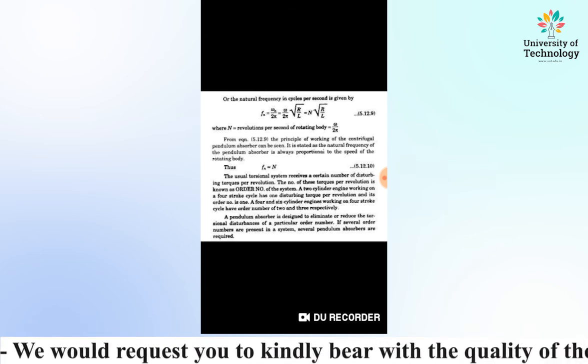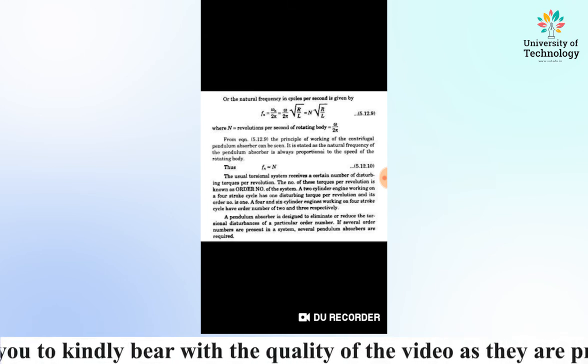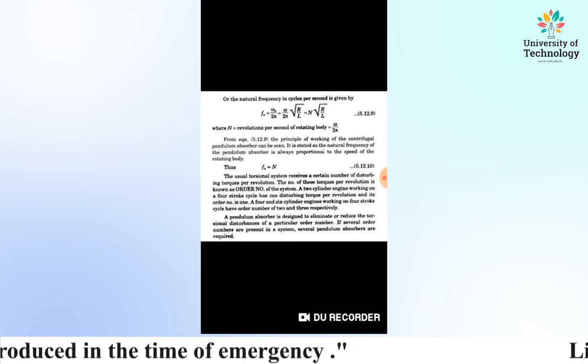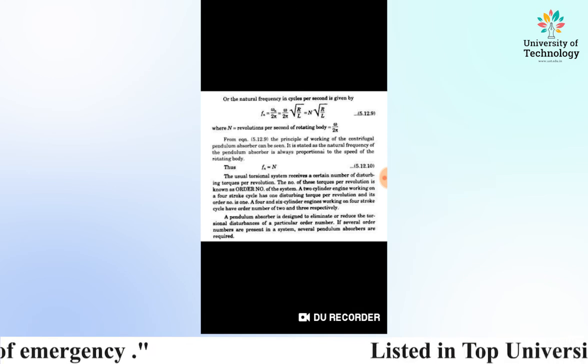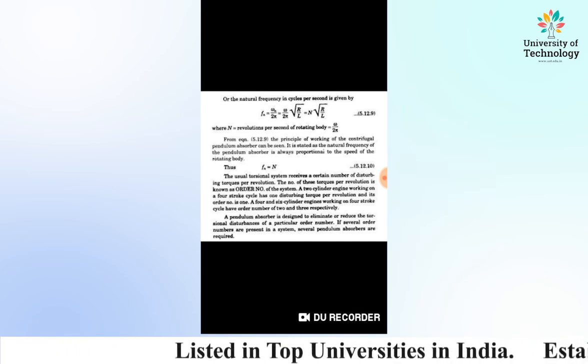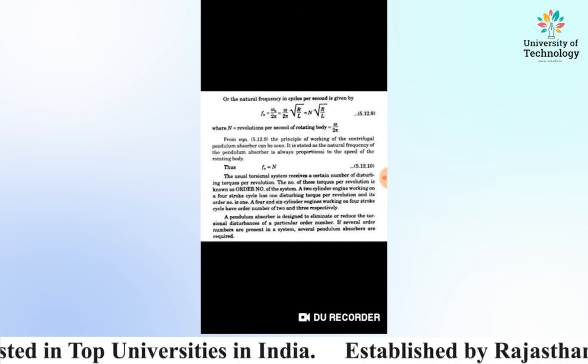The usual torsional system receives a certain number of disturbing torques per revolution. The number of these torques per revolution is known as the order number of the system.